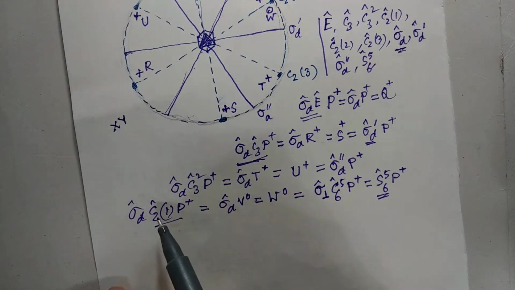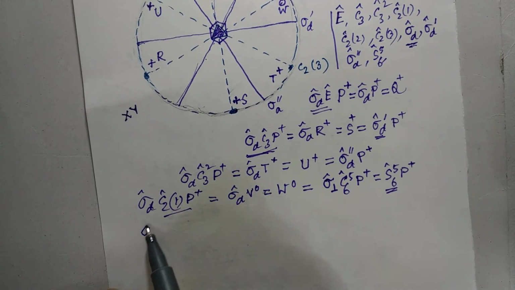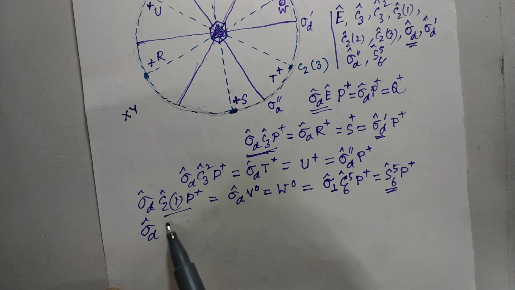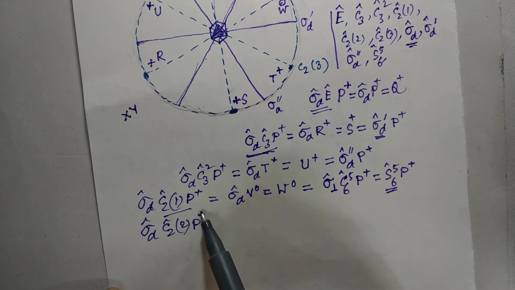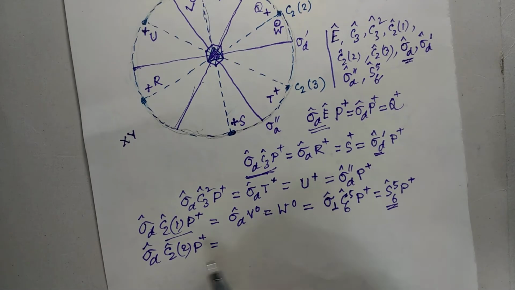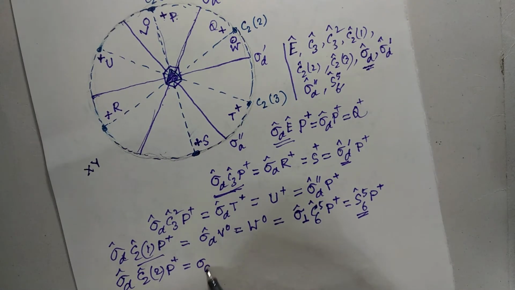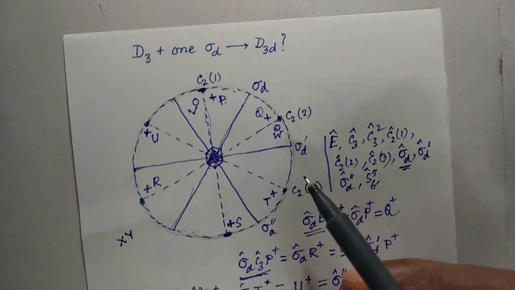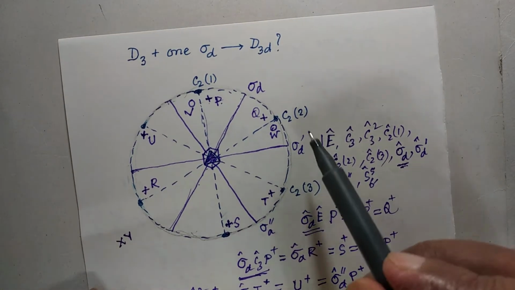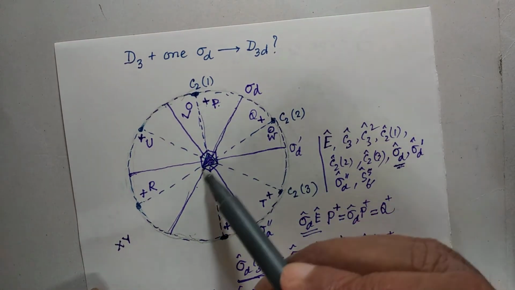Then we have to multiply sigma d with C2 2 and see its effect on P plus. What will happen? Sigma d P plus on C2 2 rotation. C2 2 axis is this.